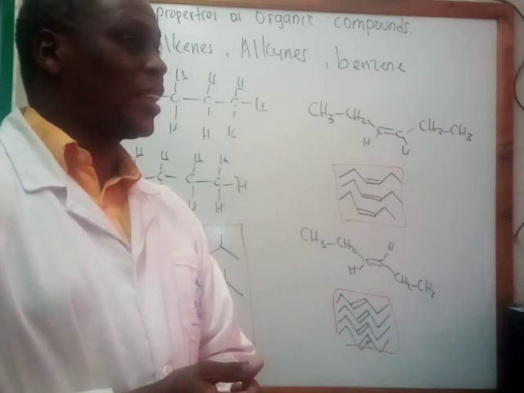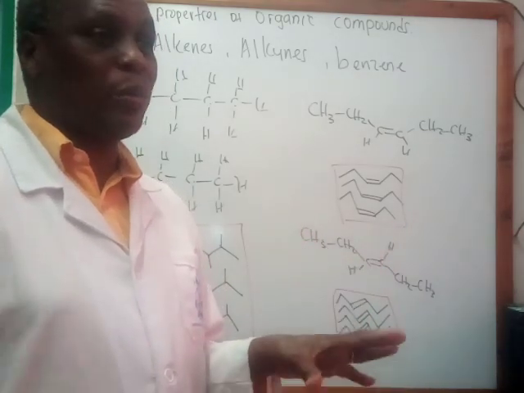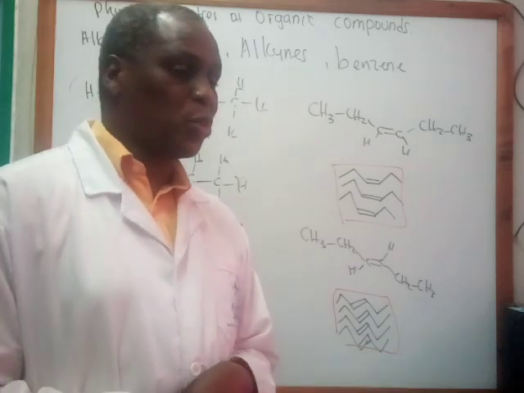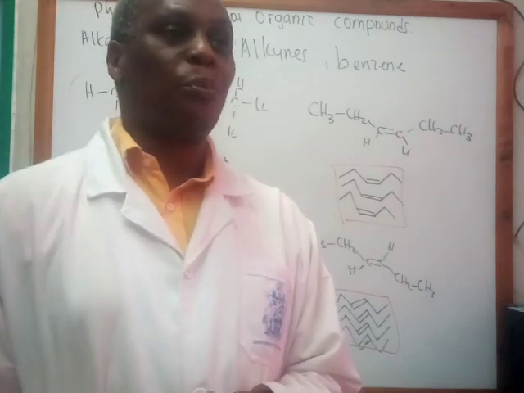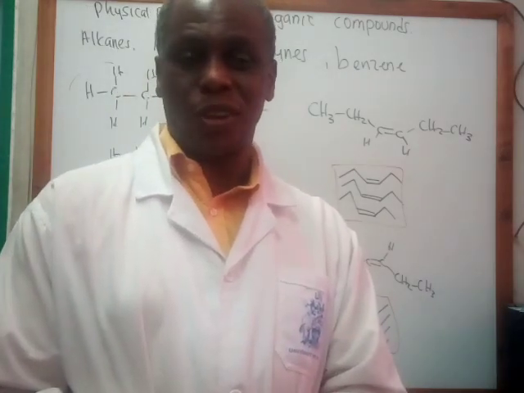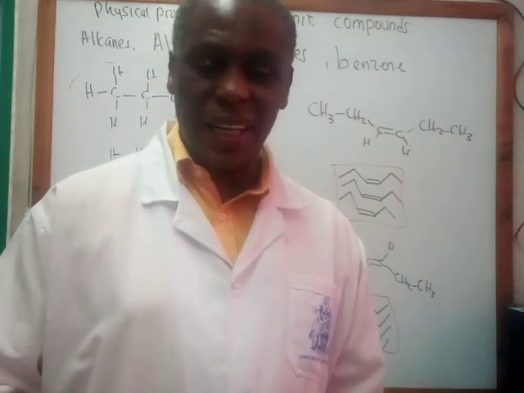That means that the melting and the boiling points will be fairly low compared to the molecules which have stronger intermolecular forces, which you're going to see like the dipole and the hydrogen bonds.